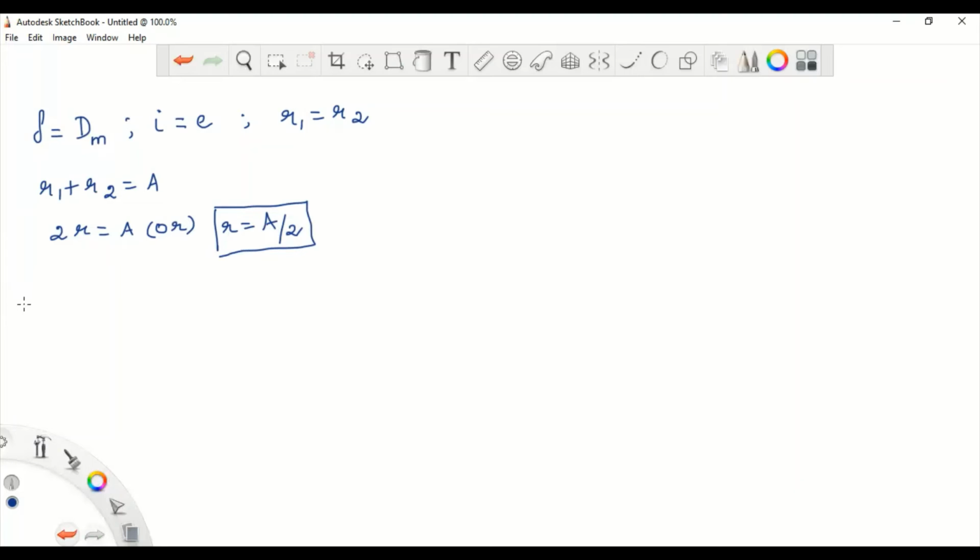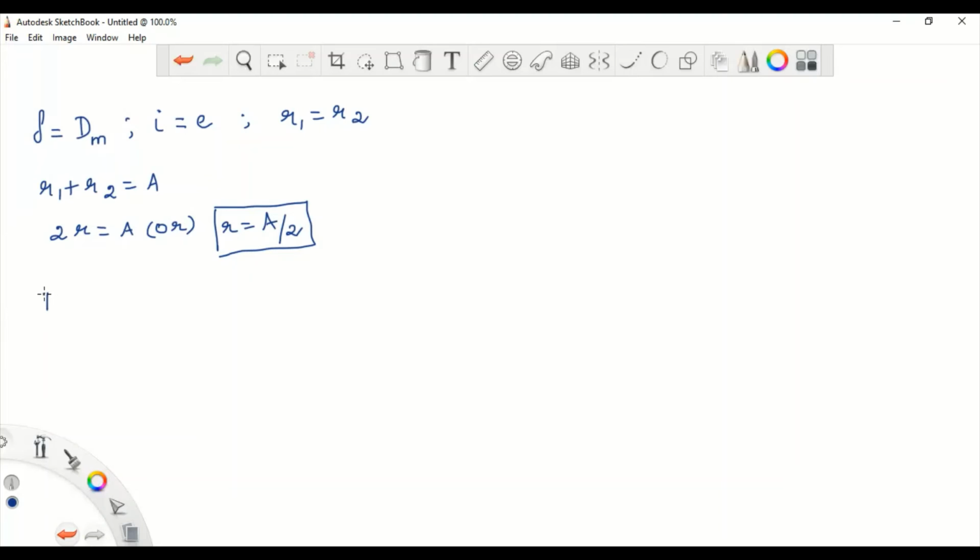Okay. Similarly, we are going to consider this equation. That is, what is minimum deviation?